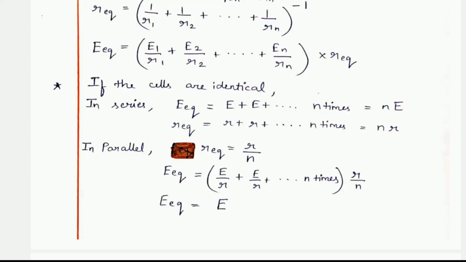E equivalent will be (E by R plus E by R plus ... n times) multiplied by R equivalent, that is R by n. If you simplify, you get E equivalent equal to E only. So when the cells are in parallel and identical, R equivalent decreases, that is it becomes R by n, but E equivalent remains as it is, that is E.